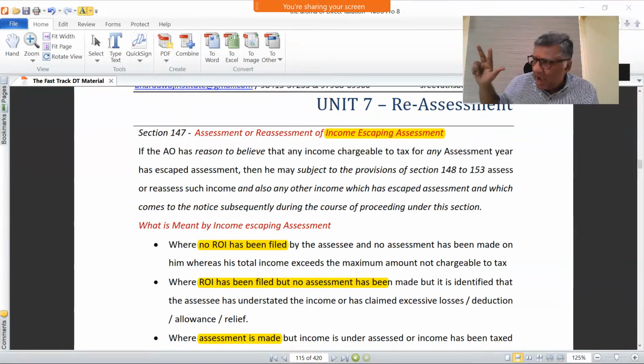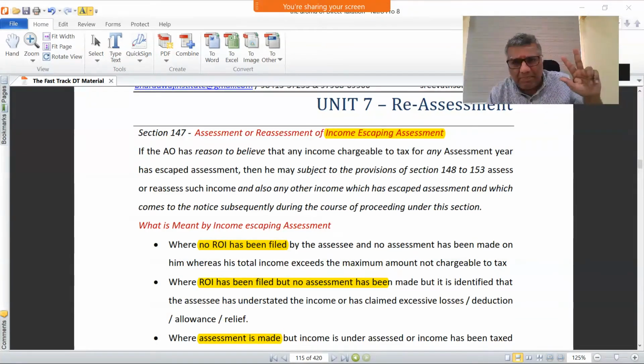ROI filed, assessment completed, but now the AO has found out that income has not been properly declared. Based upon survey report, transfer pricing report, or if an asset is outside India and it has not been disclosed by me, in all these cases, income has escaped assessment.